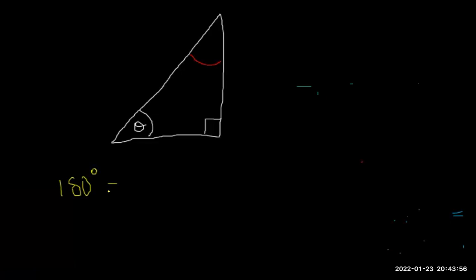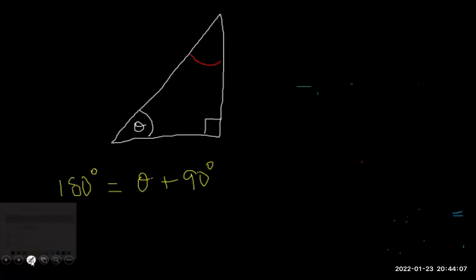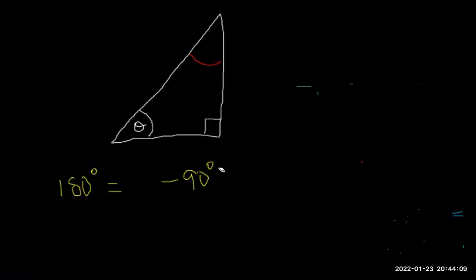So if I know that this angle is theta, I know that this is 90 degrees. Let me explain this a little. If I know that this is 90 degrees, I know that the other two angles must add to 90. Why? Because 90 and 90 is 180. You get that, right? Yes, miss.